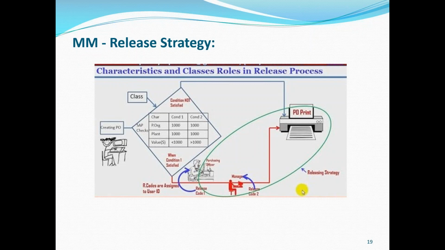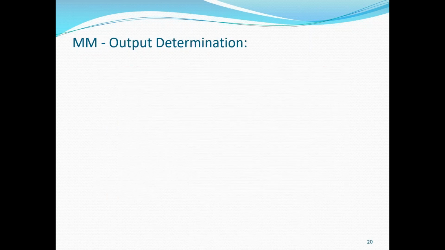Here in SAP, it is called release strategy, where the documents are released by the authorized people. In the release strategy, we will see how the documents are released and controlled.